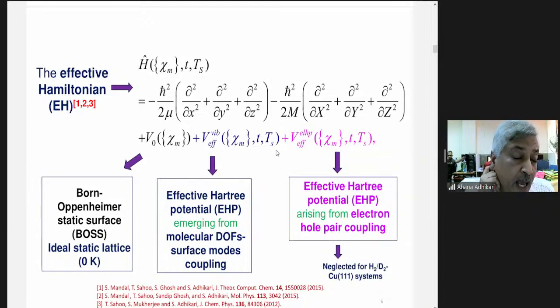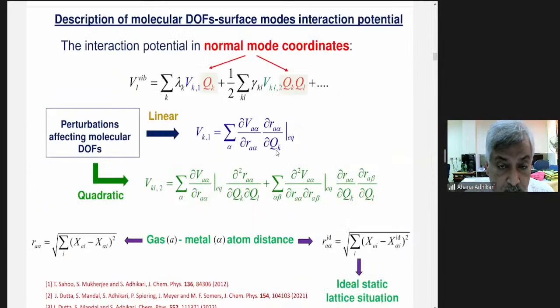Then you have to take help either from the Maxwell-Boltzmann statistics of the surface modes and their states, or the Bose-Einstein distribution of the surface modes or their states. That's the way you can include the surface temperature. So how do you do that?